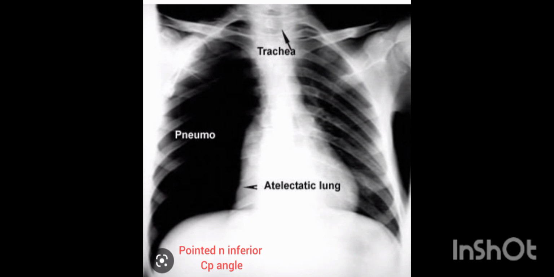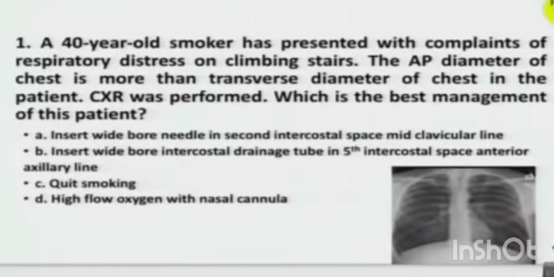The lung on the affected side will appear more black, more lucent than normal, because the whole lung tissue is collapsed and atelectatic and remains behind the air, which appears more black on the X-ray. But in the chest X-ray of a COPD patient, you can notice bronchovascular markings and flattening of the CP angle, and the heart is tubular in shape, all pointing towards the diagnosis of COPD.